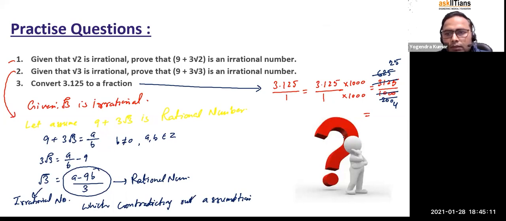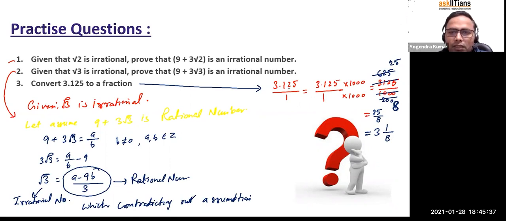25 times 25, yeah, my bad, it has to be 8 here. So 25 divided by 8 we got, right? But we'll give the proper answer in mixed fraction form. So 3, and then 1 divided by 8, right? Like this, 3 1 by 8.